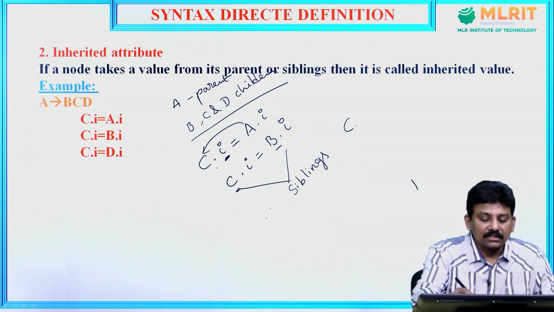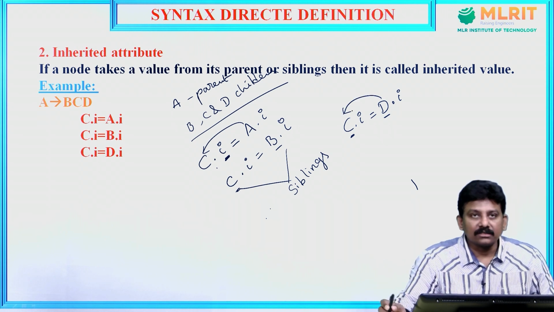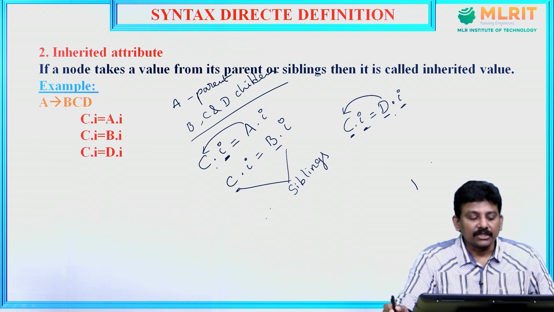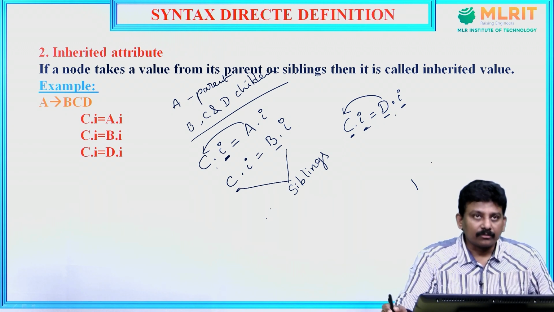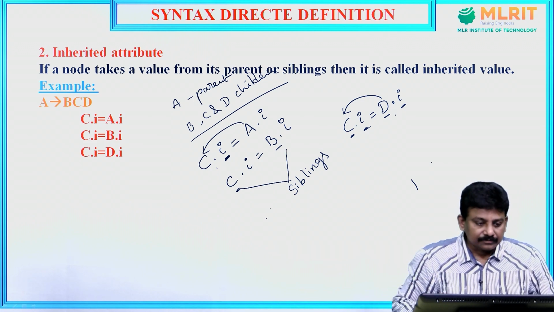Then C.I equals D.I. D is the right sibling, so C is getting value from the right sibling. I indicates the attribute value, because here a node is getting value from either a parent or siblings. That attribute value is an inherited attribute.